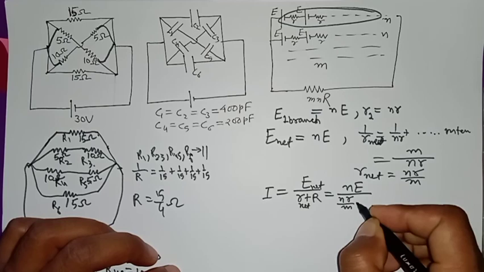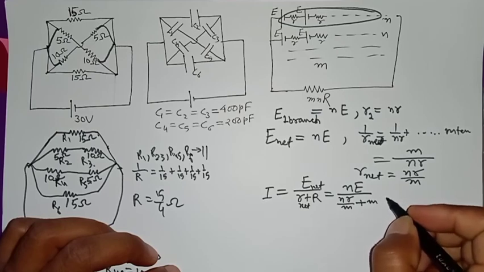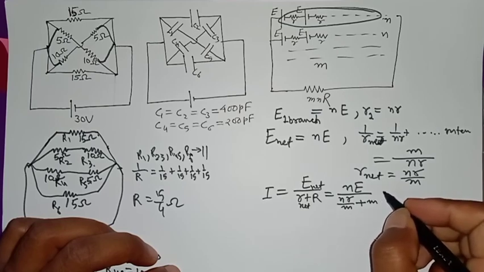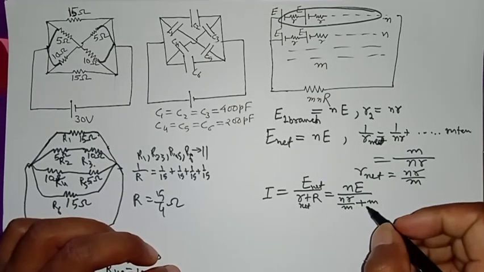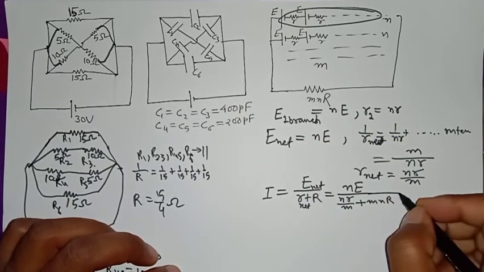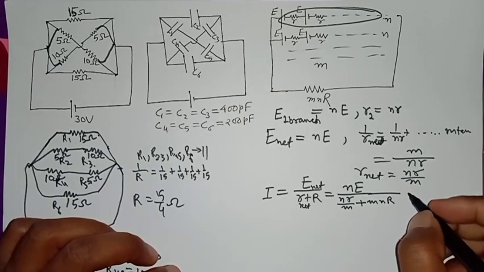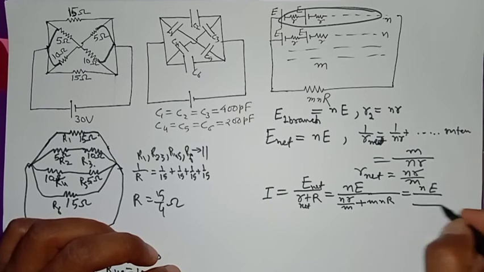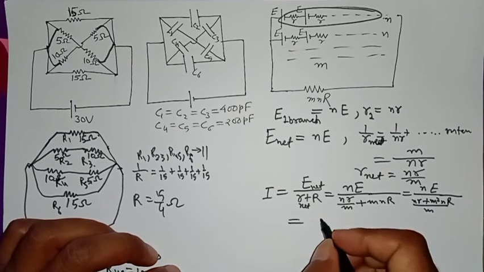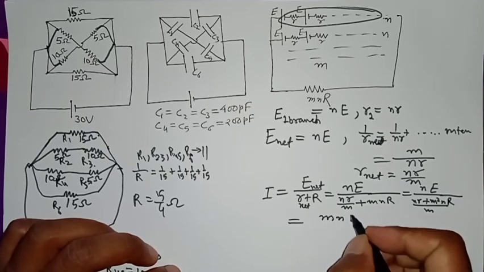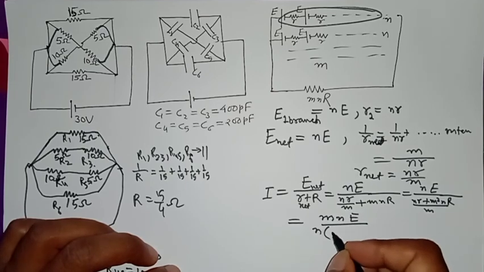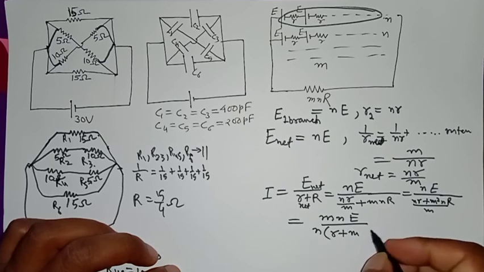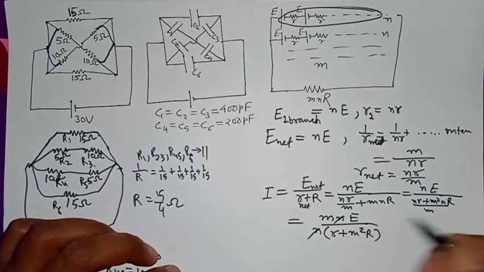Nr upon m plus R. No, sorry, what I'm writing, it is m times n r, so the current is Ne upon m square Nr, and that's all. Not much simplification can be done. You can take n common, nothing more than this, m square R, and n cancel, and that's all.